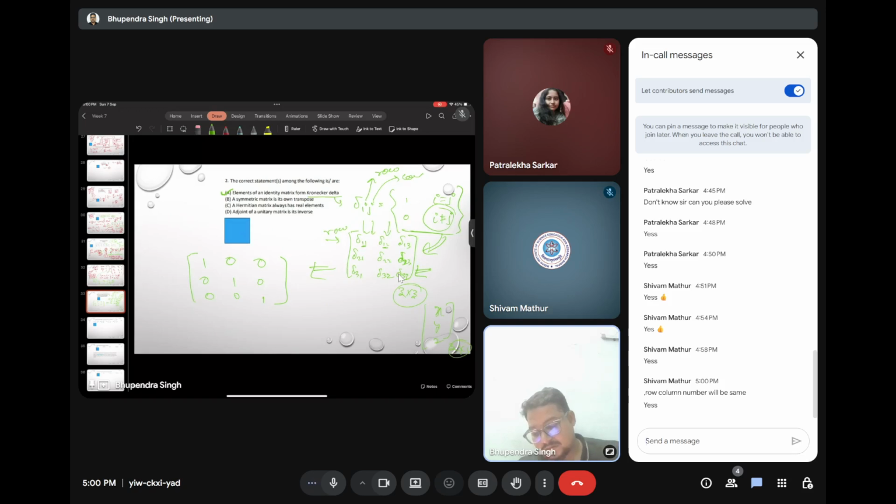So 3 by 3 is a square matrix. 3 by 1, this matrix is a rectangular matrix. What is a symmetric matrix?